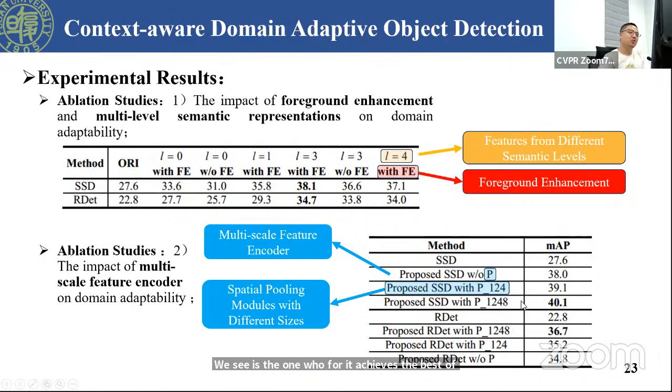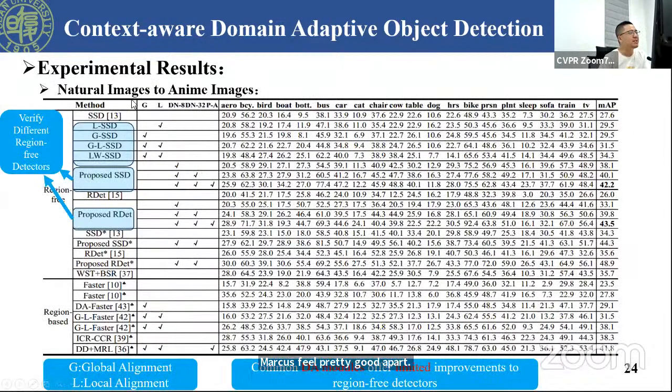This also shows our proposed multi-scale pyramid path works. And we also do experiments from natural images to anime images, and we find the proposed method always achieves better performance than other methods.